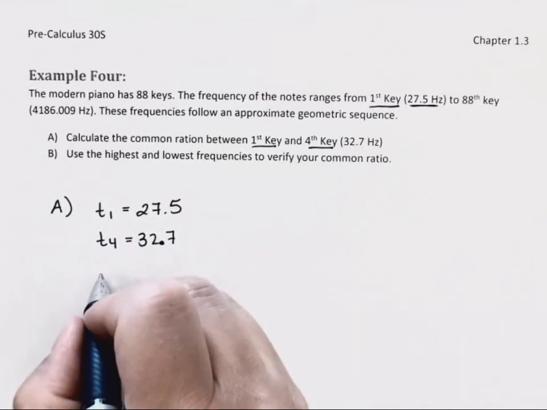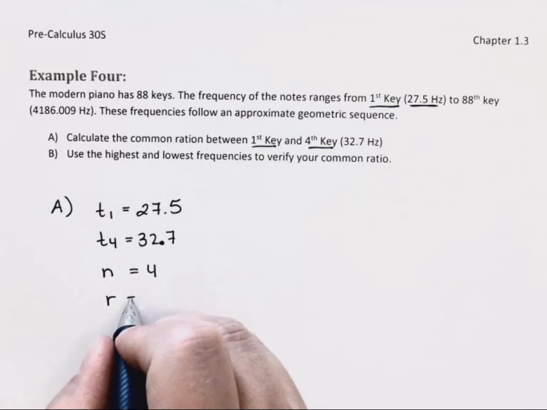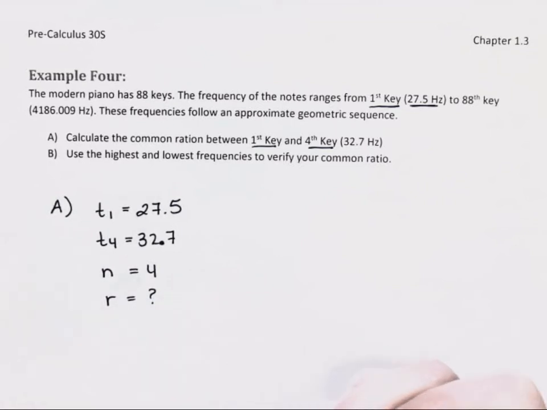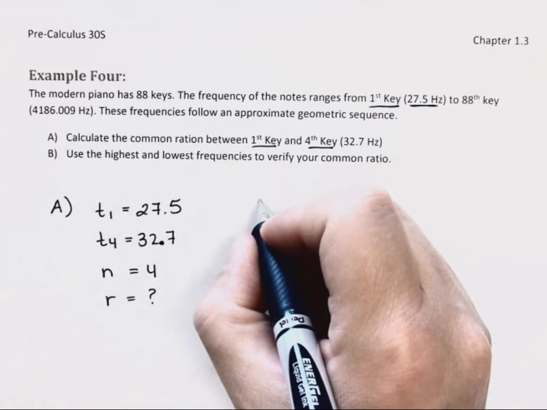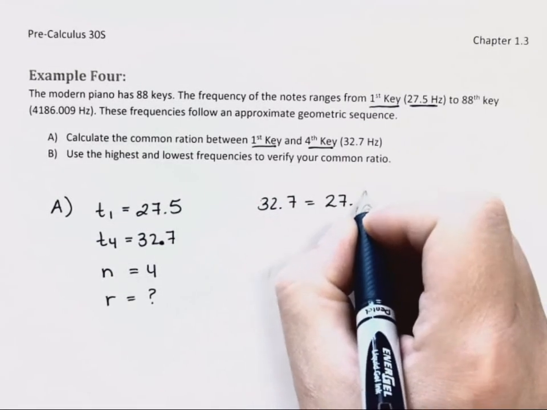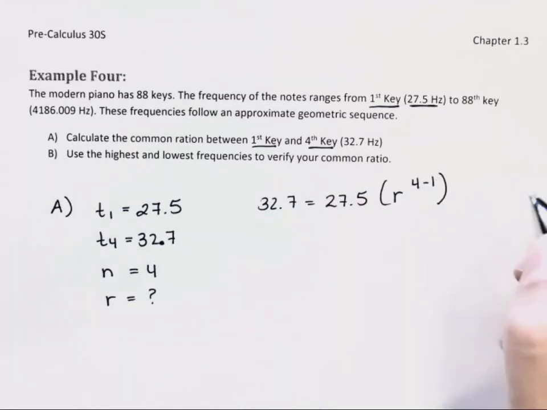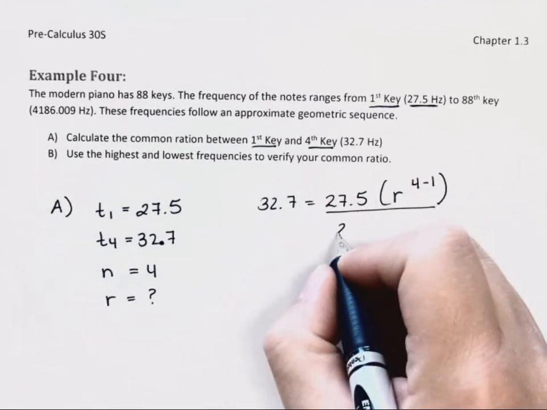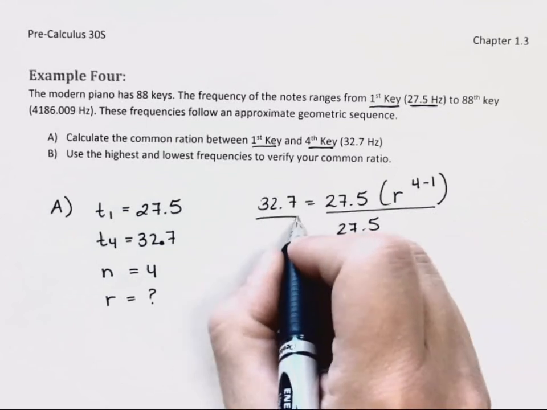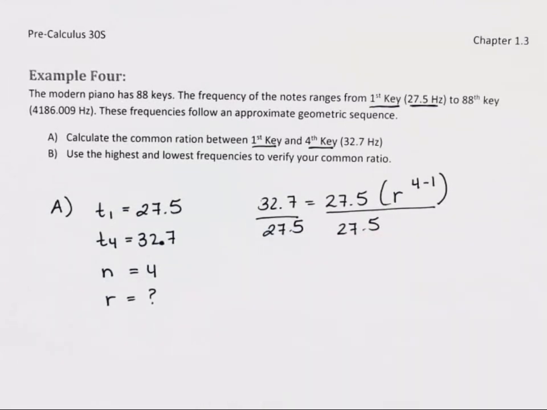I know my N is 4, because I'm only looking at 4 keys, and I'm trying to calculate that R. All right, so we are gonna go 32.7 equals 27.5, bracket R to the exponent 4 minus 1. And we are going to divide out the 27.5 because we want to get R by itself. That's our goal, is to isolate that variable. 32.7 divided by 27.5.